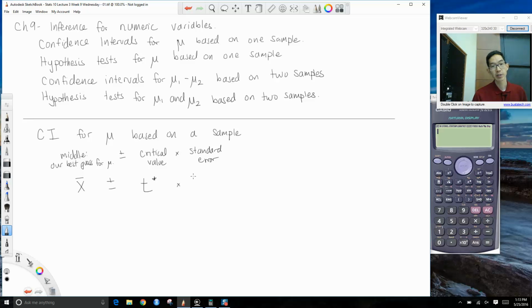Because we don't know what sigma is, we use s as a stand-in for sigma, so our standard error is s over the square root of n. The t distribution is very similar to the normal distribution, except it compensates for the fact that we don't know our population standard deviation sigma.